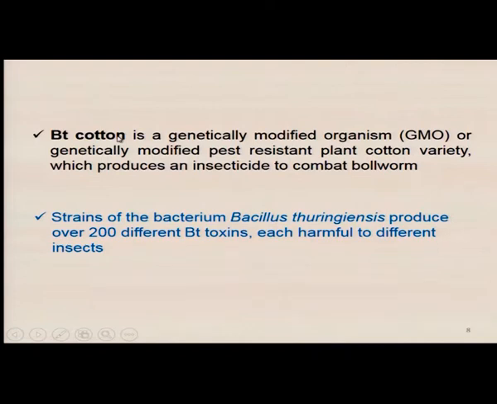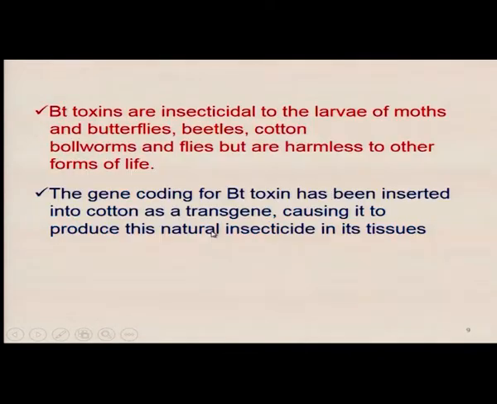Bt cotton is a genetically modified pest-resistant cotton variety, which produces an insecticide to combat the bollworm. Strains of the bacterium Bacillus thuringiensis produce over 200 different Bt toxins. Each is harmful to different insects.